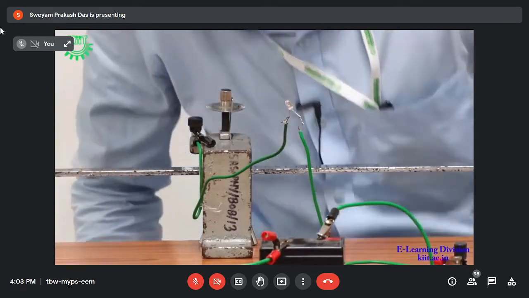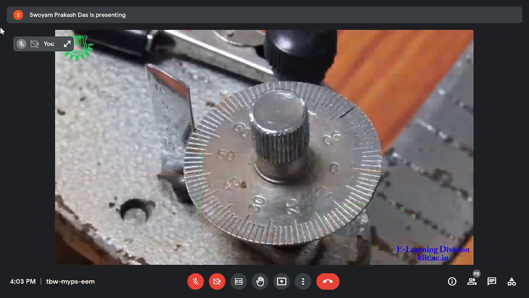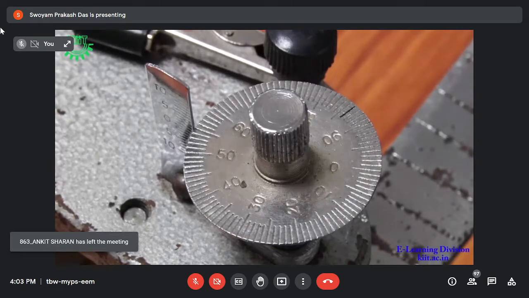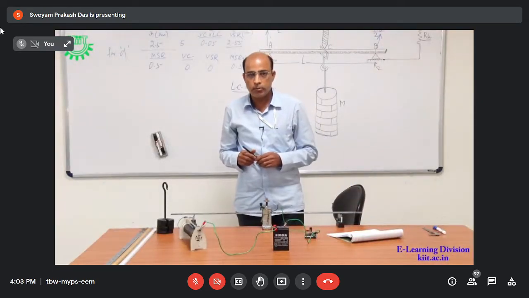Yes, now the reading is 55. So final reading will be 55. If you give more time, then it will be in contact and the bulb will glow. So the same time should be given at each observation while providing the loads and withdrawing the loads. Then after, our job is over and we will complete the table.